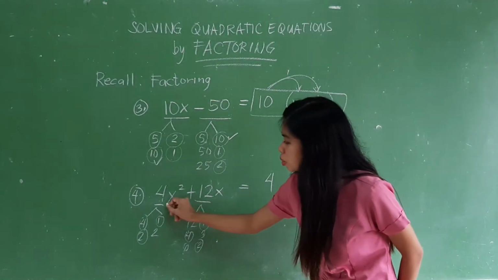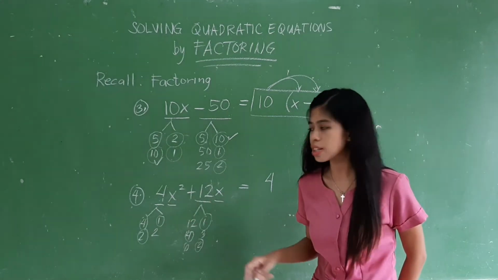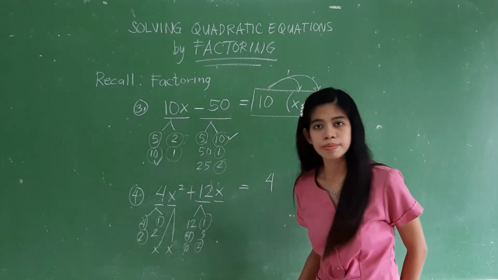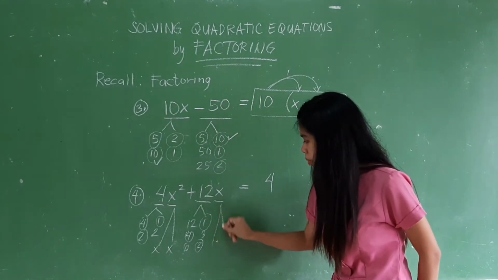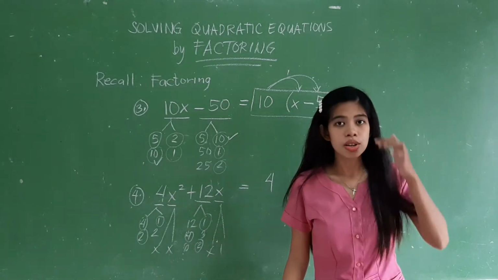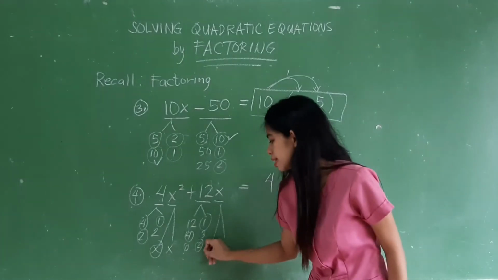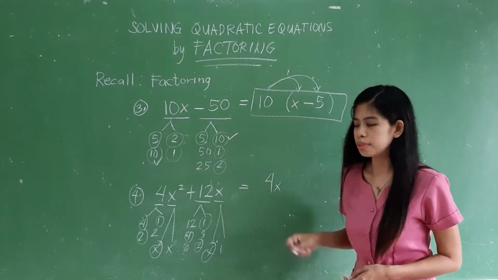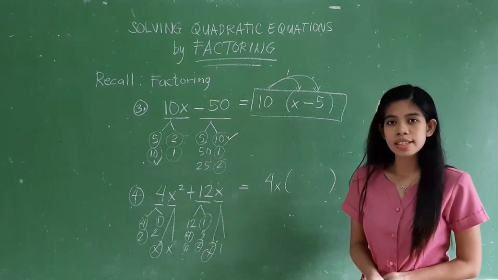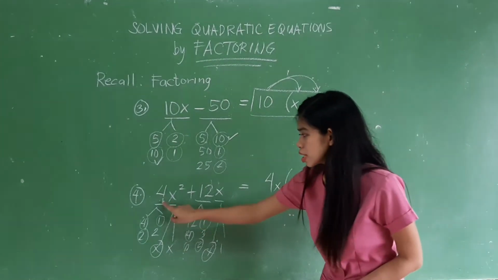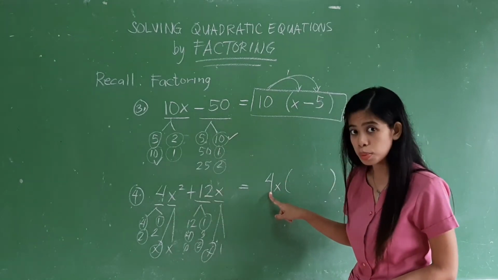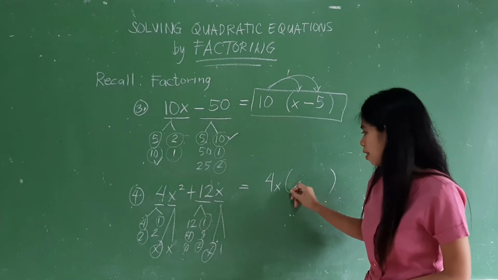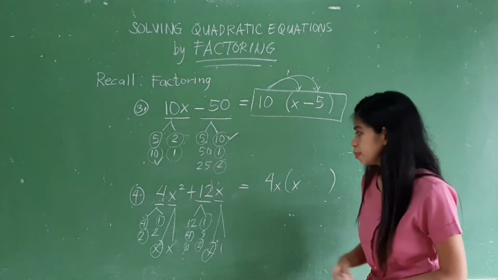Now, let's proceed to the literal coefficient. So, this is x squared. That means x times x. And this x means x times 1. So, what is the common factor? That is x. So, you write x beside 4. So, what is left inside the parenthesis is, since 4 is already outside the common factor, x squared, so we still have x inside the parenthesis.